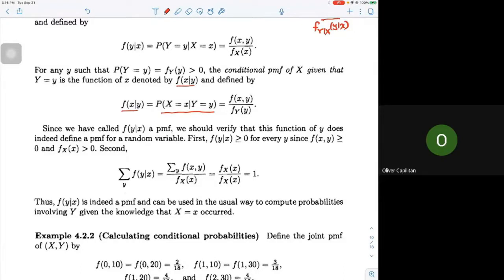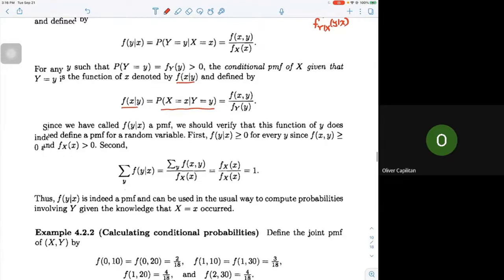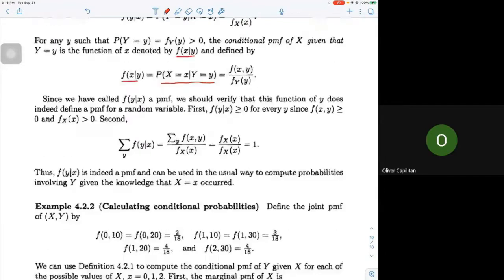Then secondly, we're going to show that the countable sum of these PMFs evaluated on y, the summation is over all y, will sum to 1. And then by definition of the conditional PMF of y given x, we have here the summation of the joint PMF over the marginal.